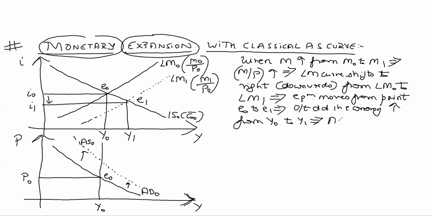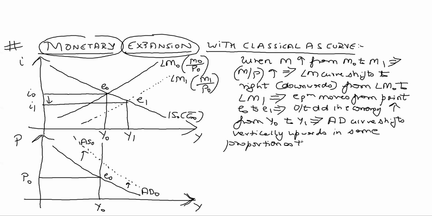which implies AD curve shifts vertically upwards in the same proportion as the nominal money supply, which implies at the same price level P0, there is excess demand for goods.